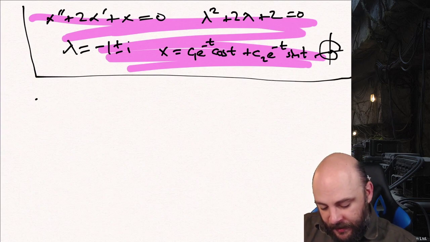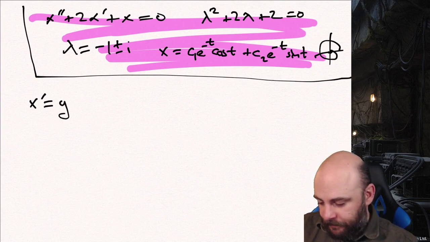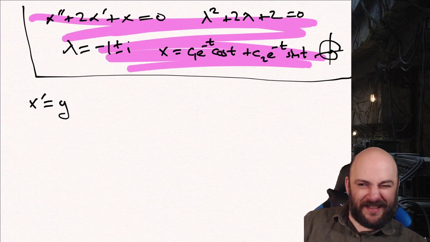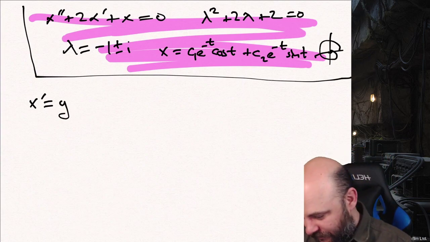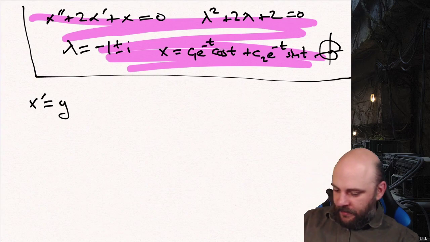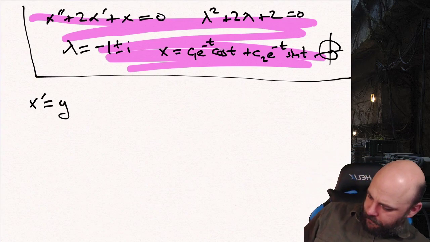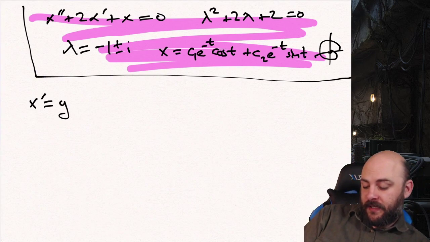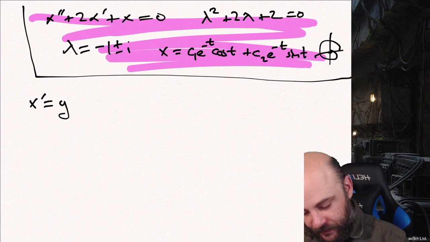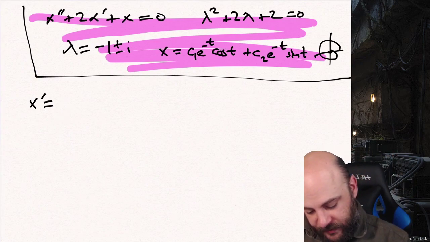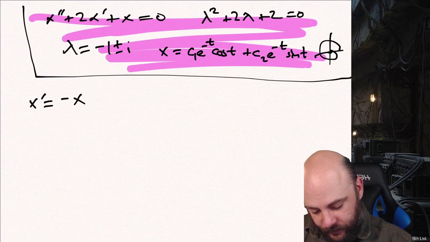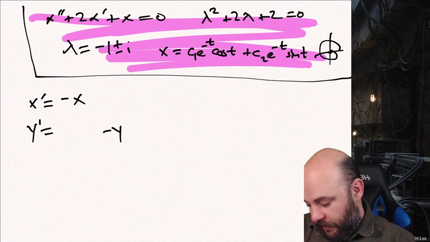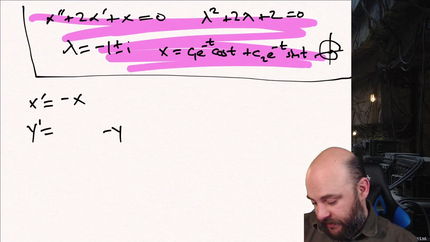x prime equals y, because I cheated. Actually, no, let's not do this one. I thought I had this written down in a different form. That was less obvious. My trace has to be -2, and my determinant has to be 2.